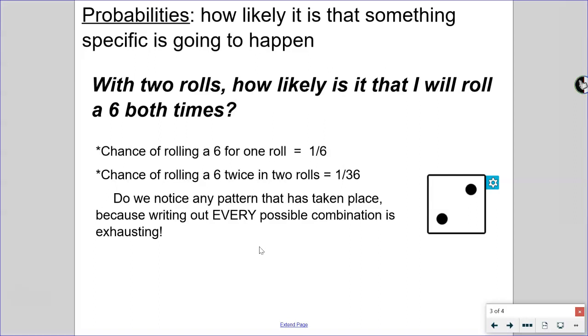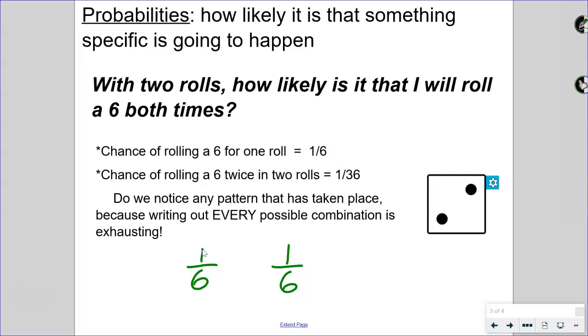Here's what we know. Every time we roll the dice, each time by itself, we have a 1 in 6 chance. So on the first roll, I have a 1 in 6 chance of rolling a 6. And then on my second roll, again, I have a 1 in 6 chance of rolling a 6.